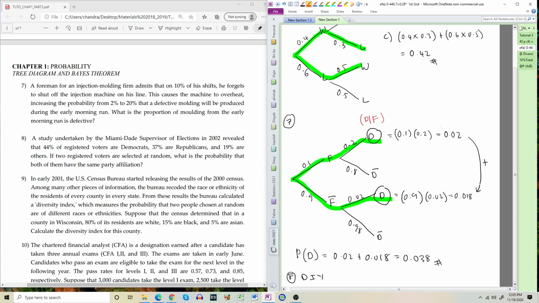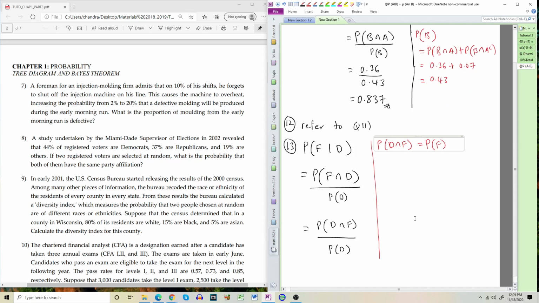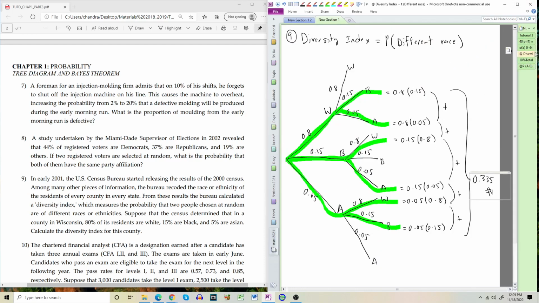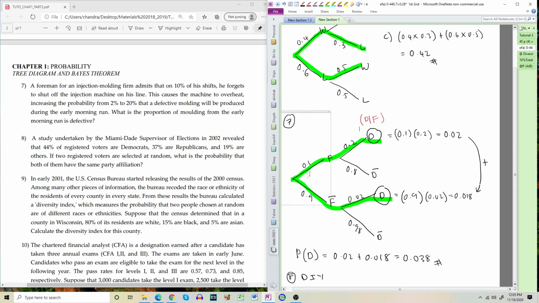So go back to here, D and F is actually this one, and P(F) is 0.1, P(D|F) is 0.2.